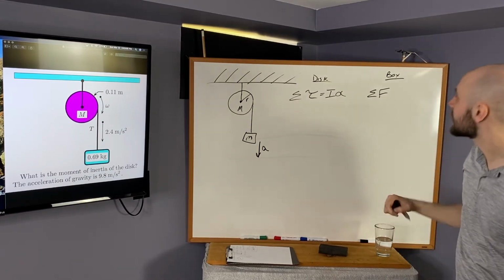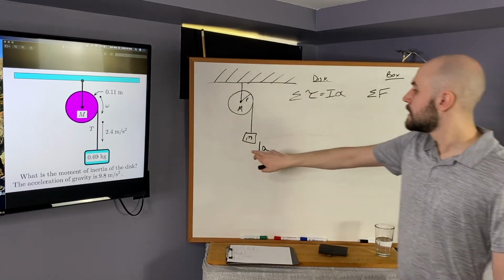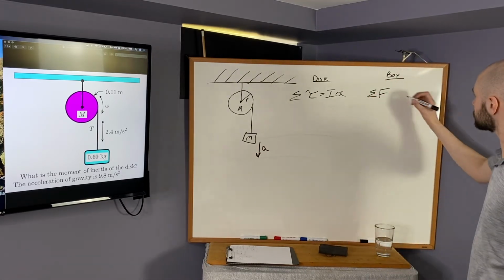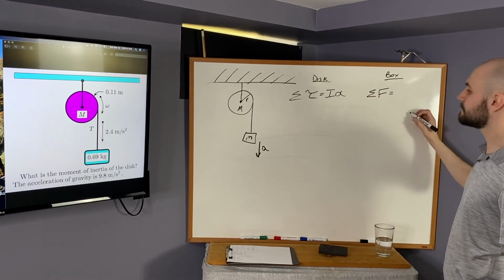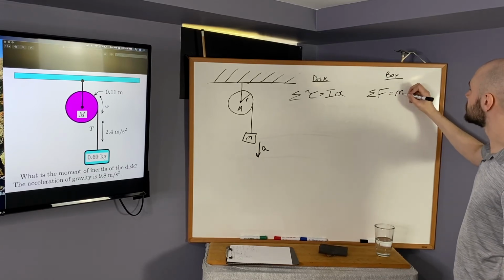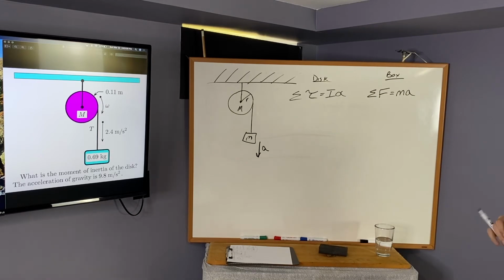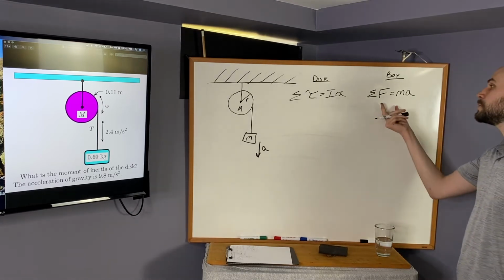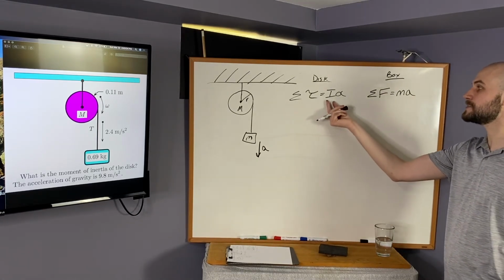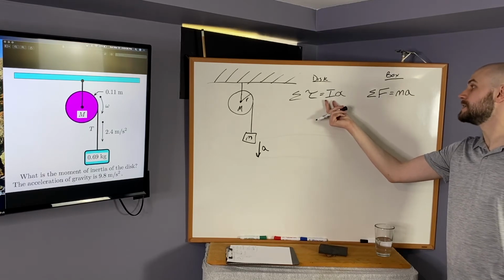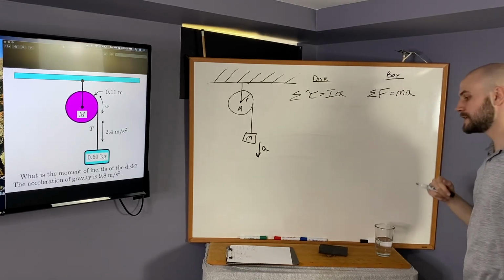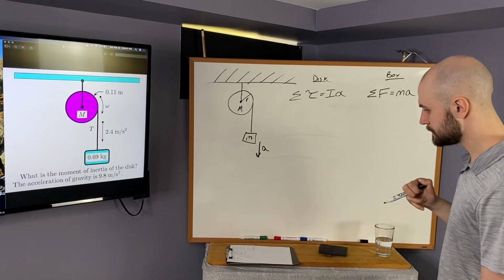Our goal is to find that capital I. And if we look at this little box here, we know that there is a net force acting on the box, and it's equal to the mass of the box times the acceleration of the box. Okay, let's hold off on this. Let's see if we have enough information to solve for that capital I of the disk. And if we don't, then we can look at our linear forces acting on the box.